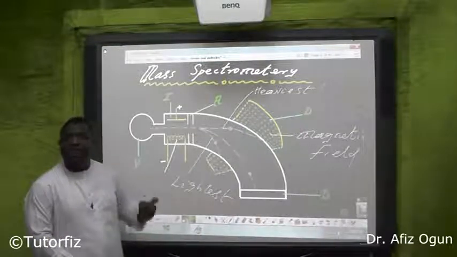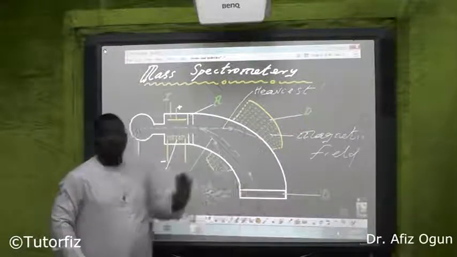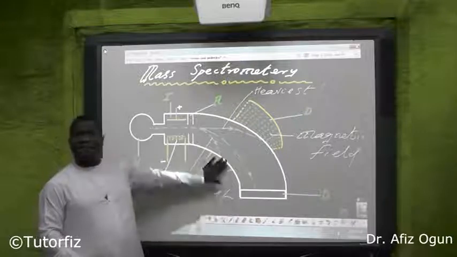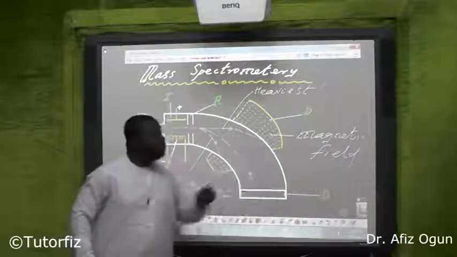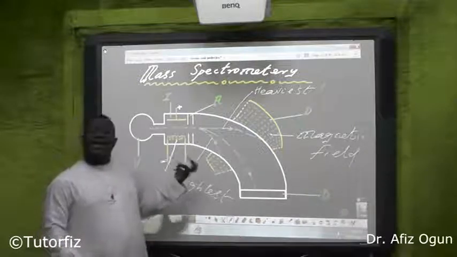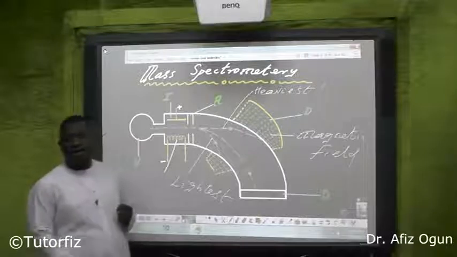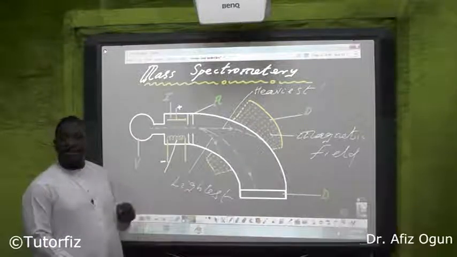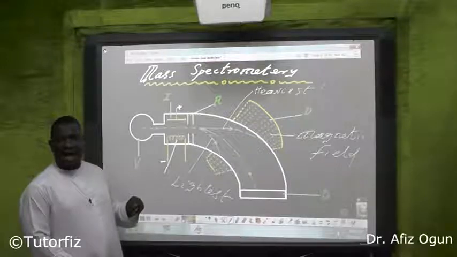Because the deviation depends on the mass and the magnetic field. First, we get the ones we can get. If we can get the 3 of them at a particular magnetic field, good, but they will appear at 3 different places. If we cannot, we adjust the magnetic field and they get there. I hope you understand this.